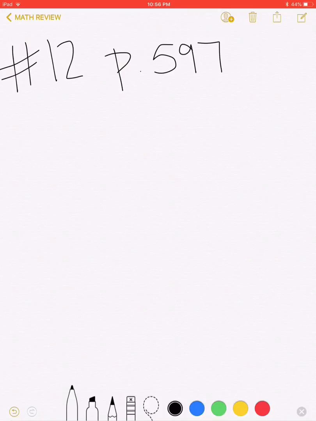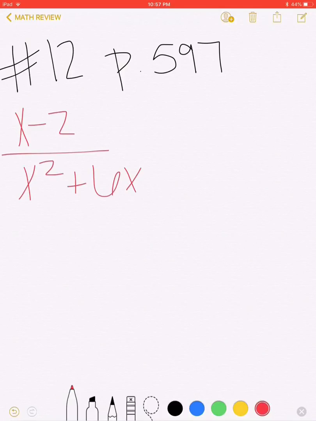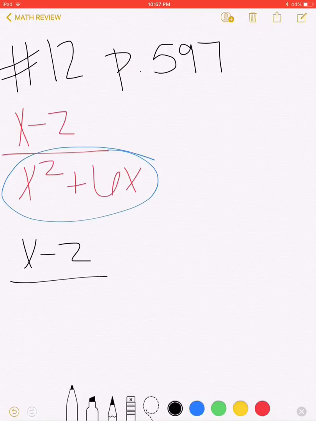So the first thing I'm going to do is get my starting equation, which is (x minus 2) over (x squared plus 6x). I'm going to be factoring the bottom this time, which is going to leave me with (x minus 2) over x(x plus 6).